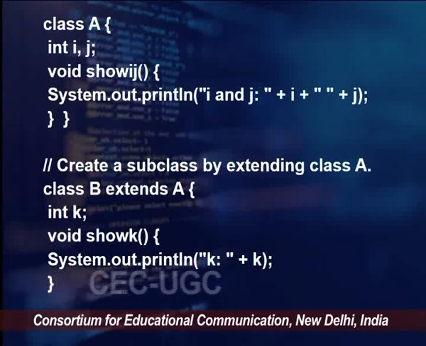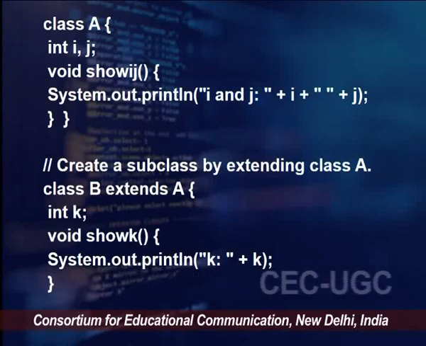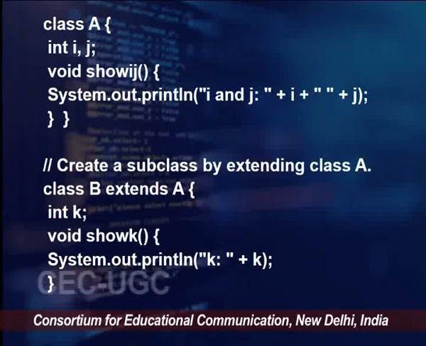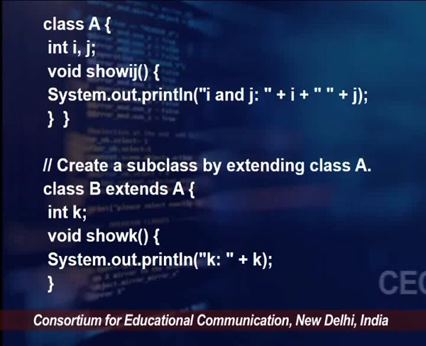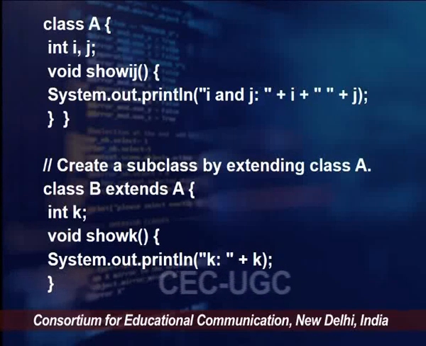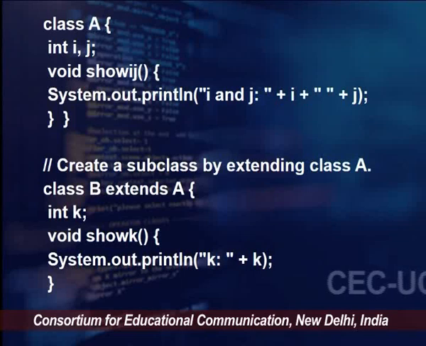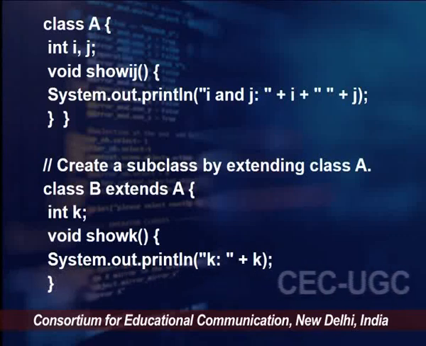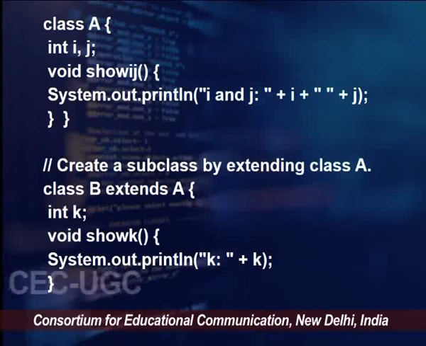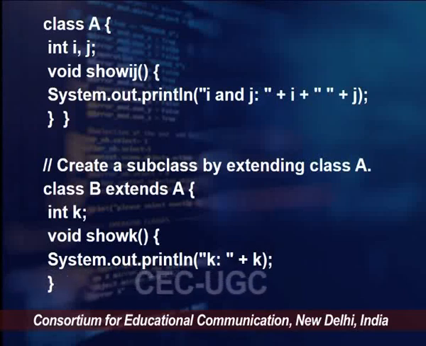Now this class A will behave as a superclass, and this superclass will be inherited, or we can say extended, by a subclass, and that subclass is named B. So we will say class B extends A, and within this class B we are going to define its own properties, its own unique elements, and all those unique elements are k, which is an instance variable of type integer, and then void show k, which is a method printing the value of the variable k.